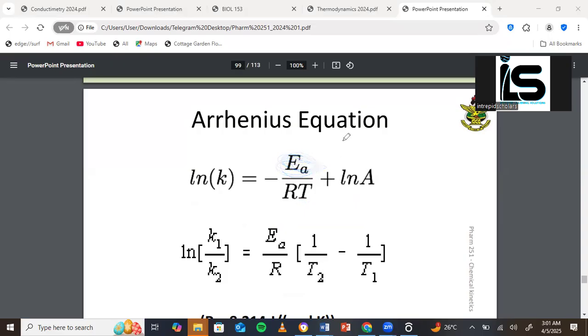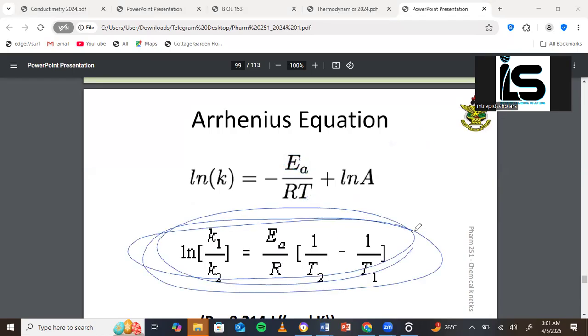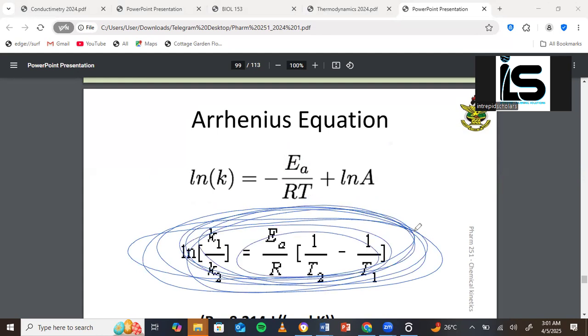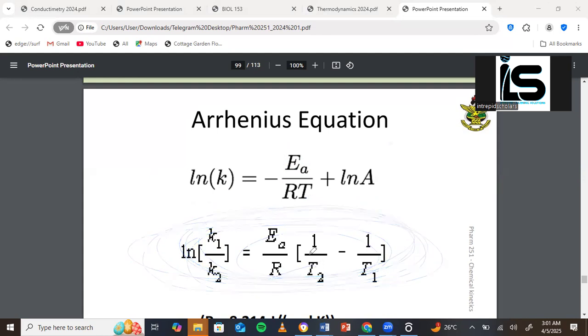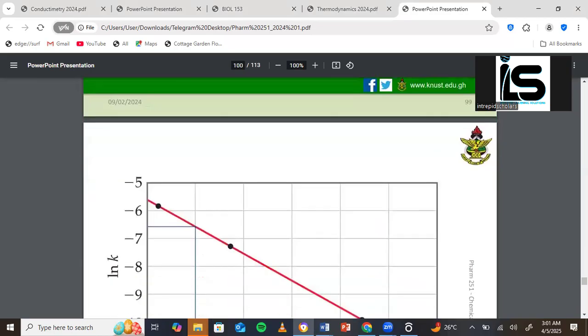After getting the EA, if we are asked to calculate a different K at a different temperature, we can use this formula. So this is a formula for us to keep, because we can use it to find any other K when the temperature is increased or decreased. In the practical tutorial sessions, we'll learn how to use this equation better.